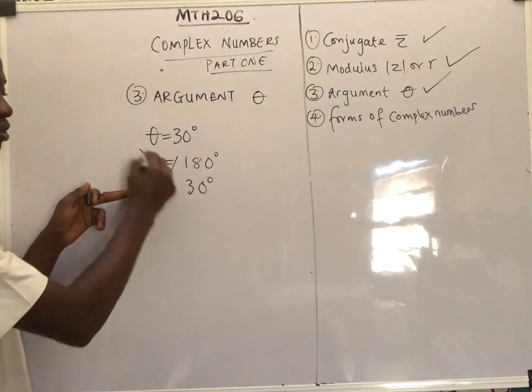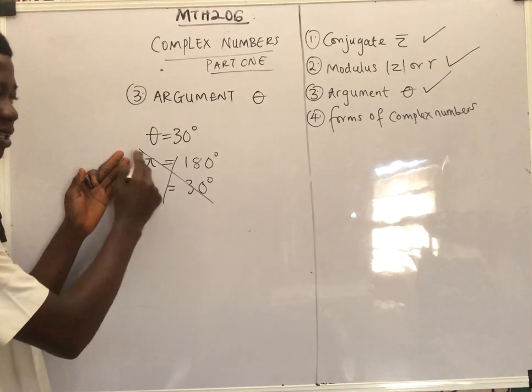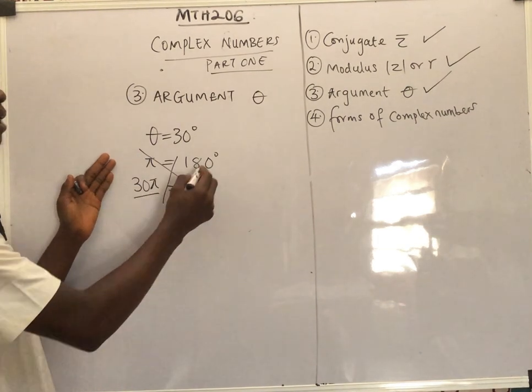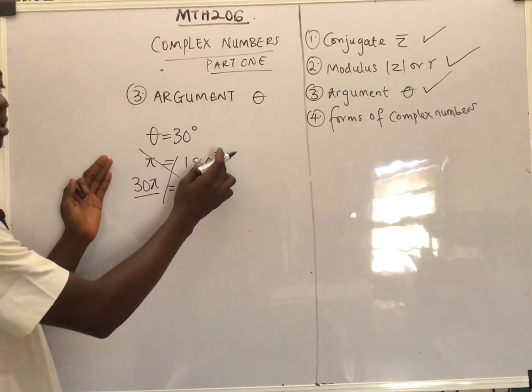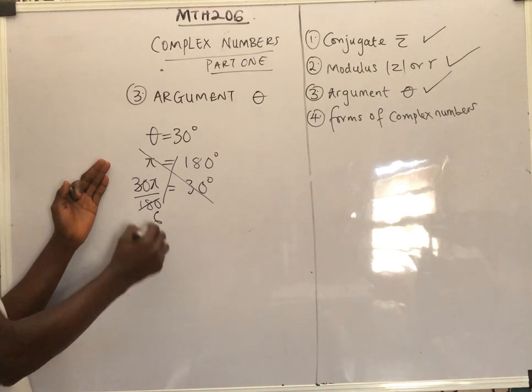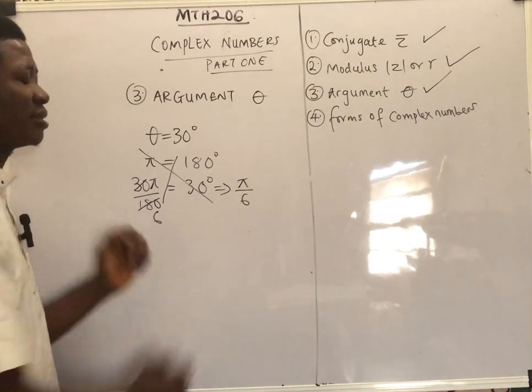You cross multiply. So you have pi times 30, which is 30 pi, divided by 180 degrees. 30 goes into 180, we have 6. So our 30 degrees is pi over 6.